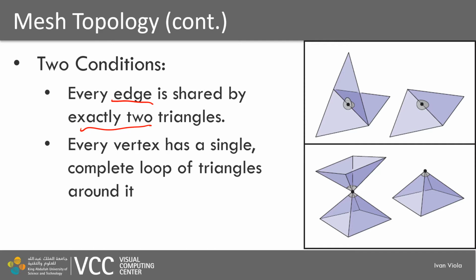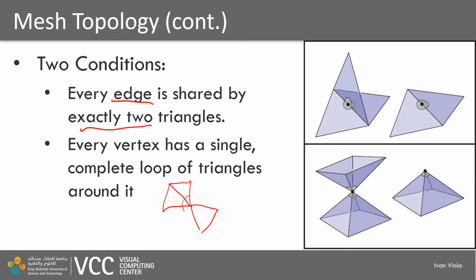At the same time, the second condition for a valid manifold is that every vertex has a single complete loop of triangles around it, meaning that there is nothing like, let me draw it for you perhaps, a set of triangles like this and another triangle like this.